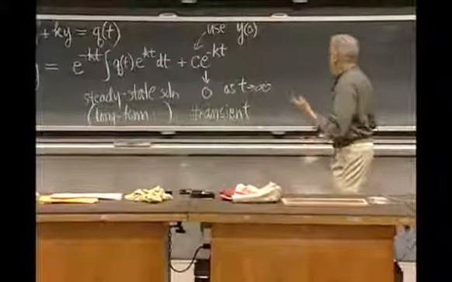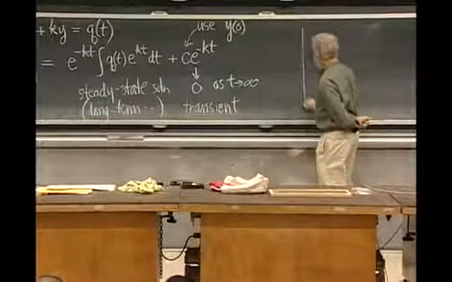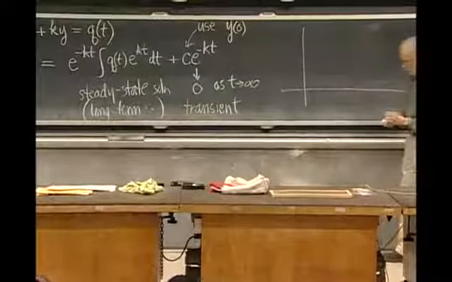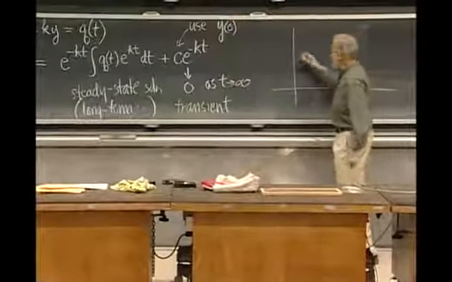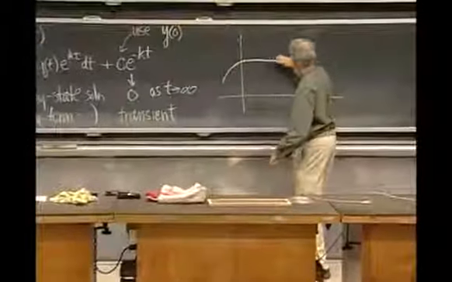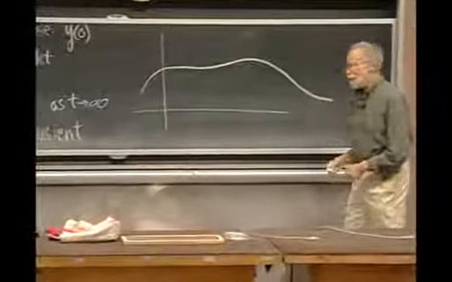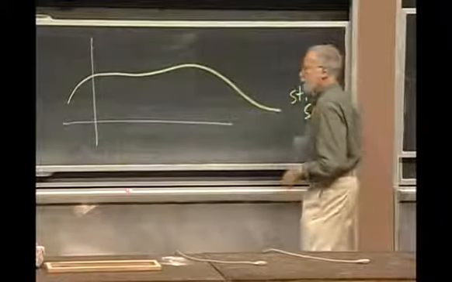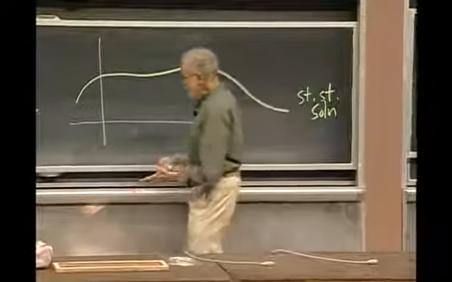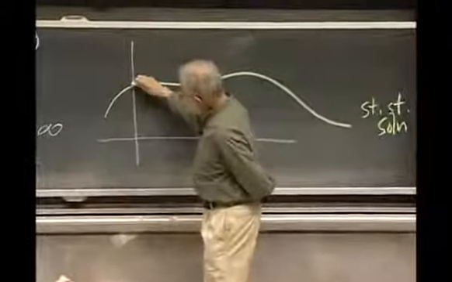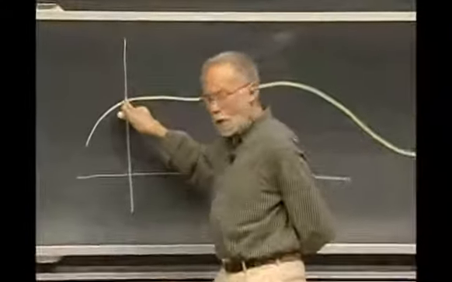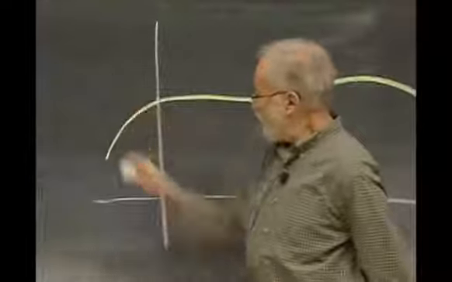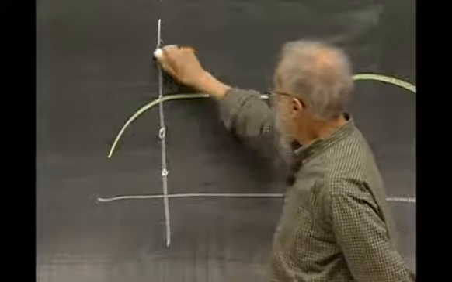Now, the general picture of the way that looks is, the steady state solution will be some solution like, I don't know, like that, let's say. So that's the steady state solution, the SSS. What do the other solutions look like? Well, the steady state solution has this starting point. Other solutions can have any of these other starting points.